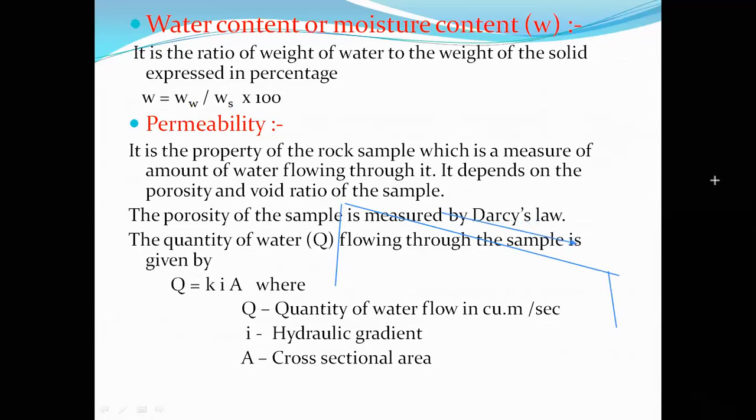So this vertical level difference is called the hydraulic gradient. Let's say this is H1, this is H2. So H1 minus H2 over this length, because let's say this is point A and this is point B, with heights H1 and H2. H1 minus H2 over this length gives the hydraulic gradient.